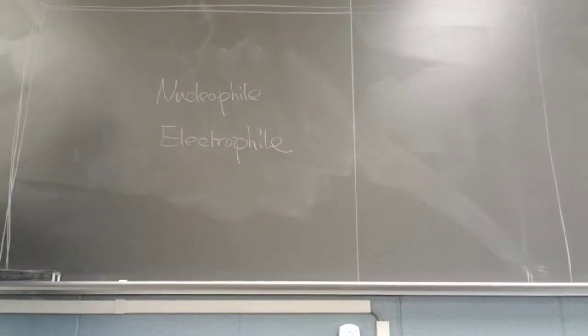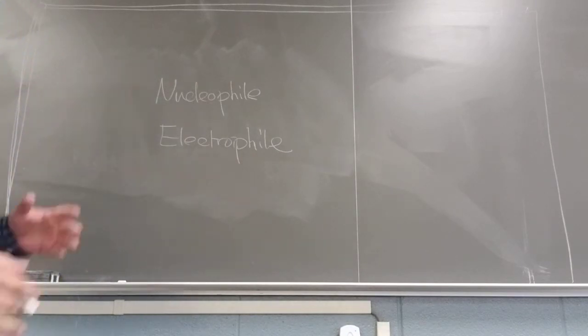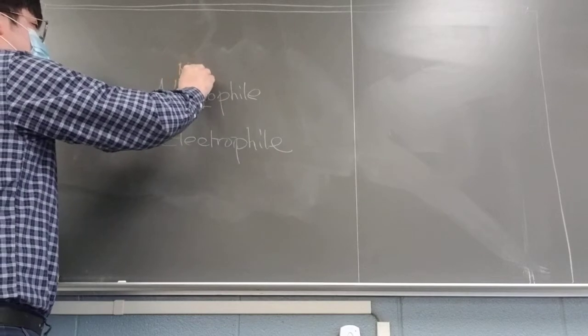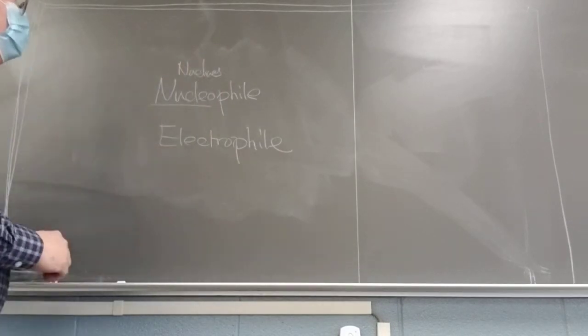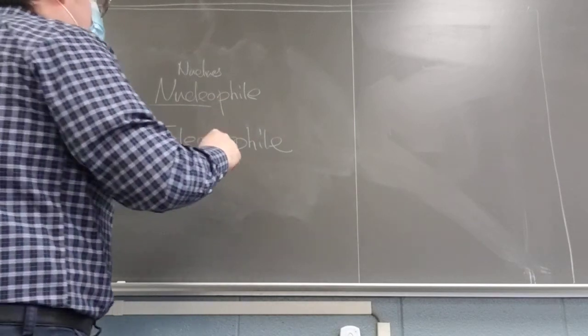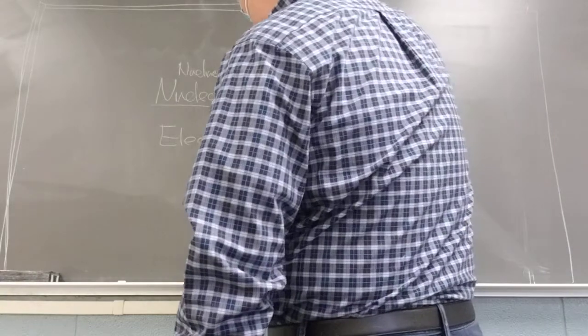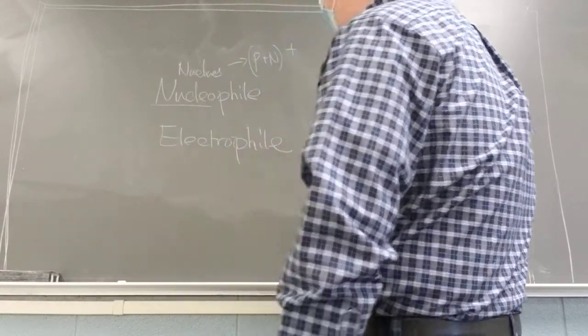Nucleophile simply means something that likes to chase something positive, because nucleus simply means a nucleus, which is made of protons and neutrons. So mainly you can say it's something positively charged.